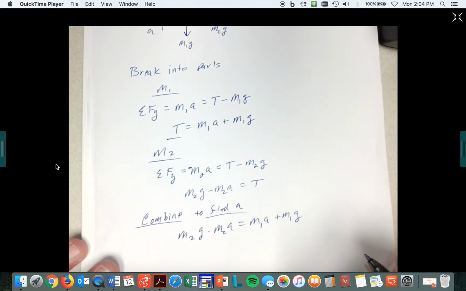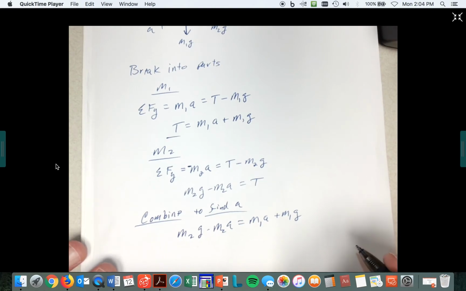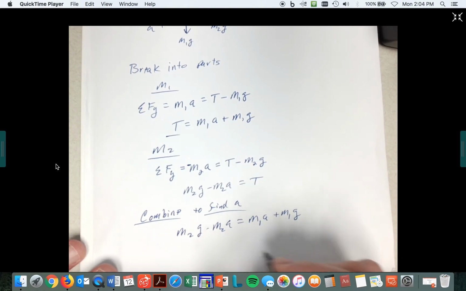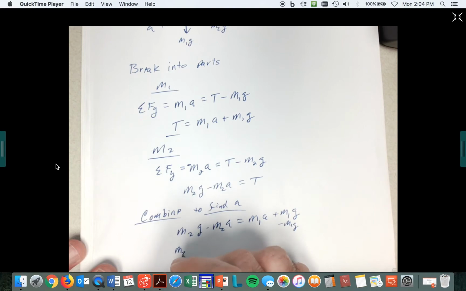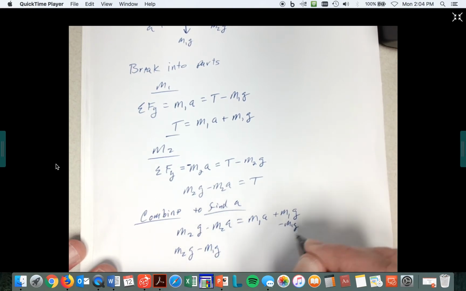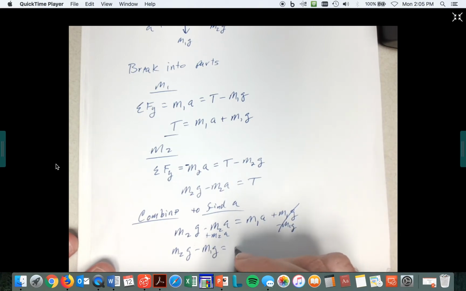So now, what am I going to do? Let's get all the g's on one side and all the a's on the other side. I'm going to subtract m1g from both sides, so I get m2g minus m1g. And I'm going to add m2a to both sides, which is equal to m1a plus m2a.